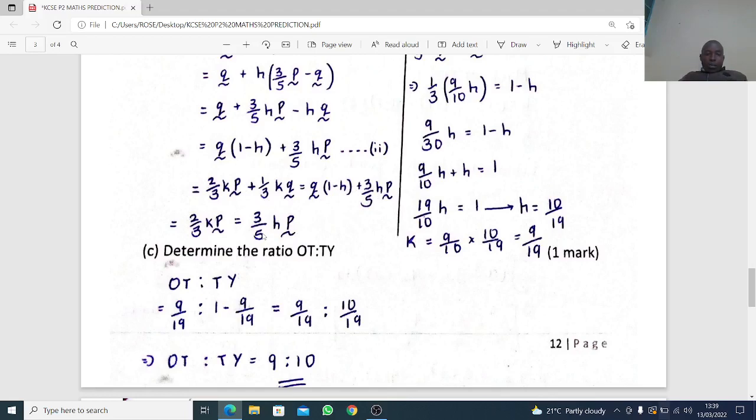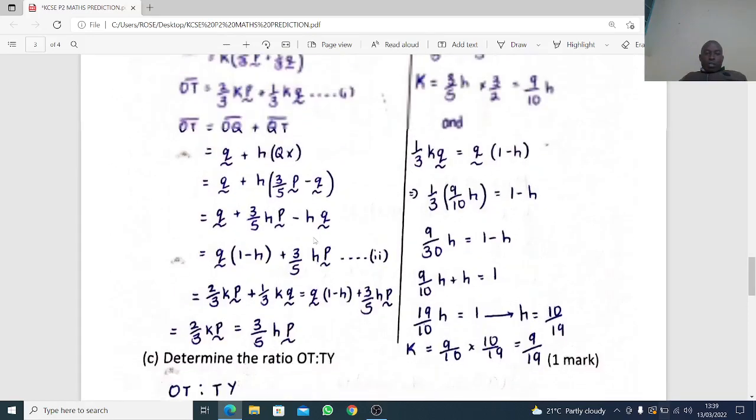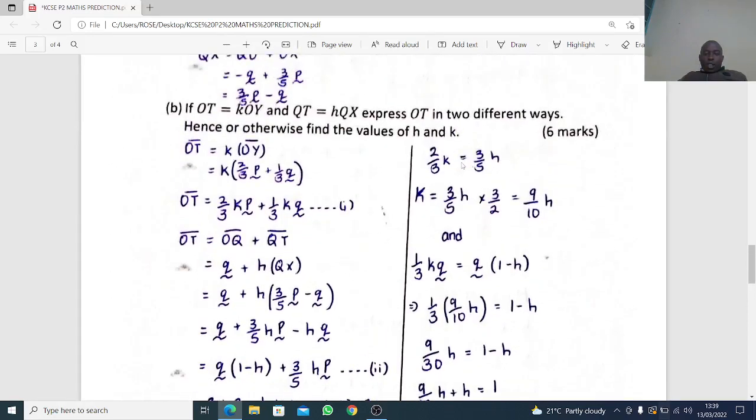If we equalize that way, P factor and P factor cancel, so we remain with 2 over 3 K equals 3 over 5 H. We can make K the subject. We multiply by the reciprocal, 3 over 2. So K equals 3 over 5 H times 3 over 2, that gives you 9 over 10 H.